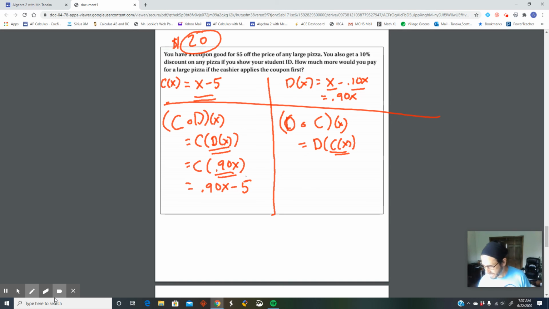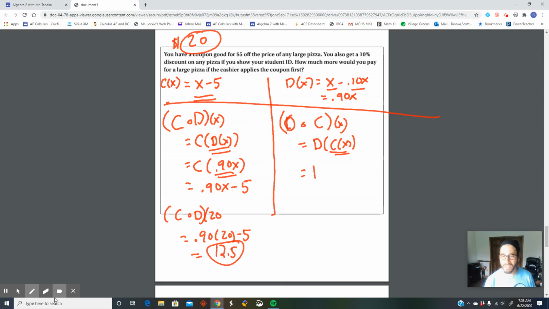I did this math earlier, and if I do the discount first and then the coupon, so if I did C of D of 20, that would be 0.90 times 20 minus 5. That would be $12.50. It's a pretty good price for a pizza. I don't know about you guys. That's not too bad. I might get some pizza tonight.